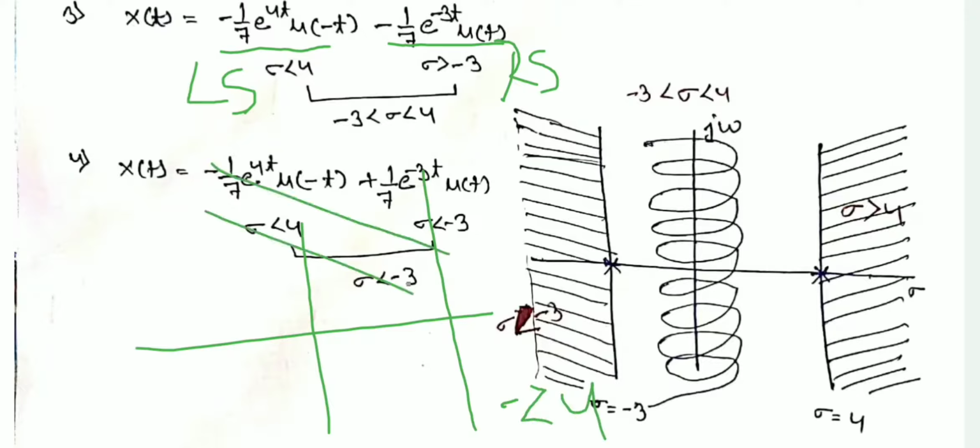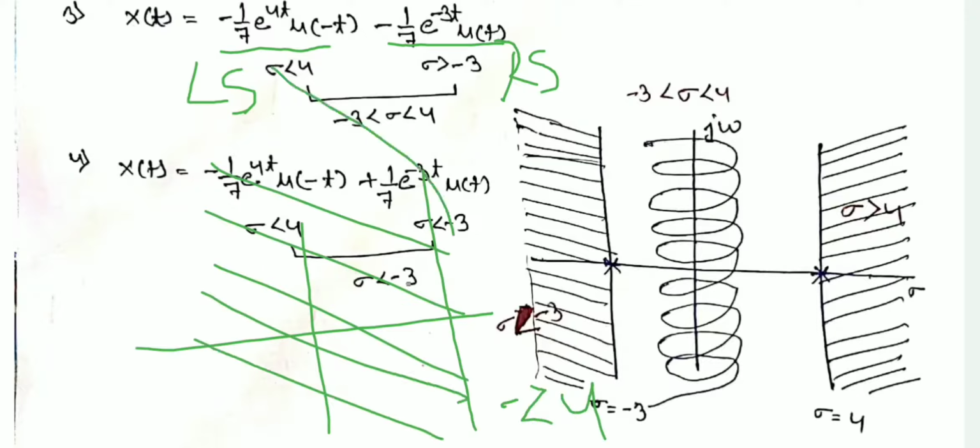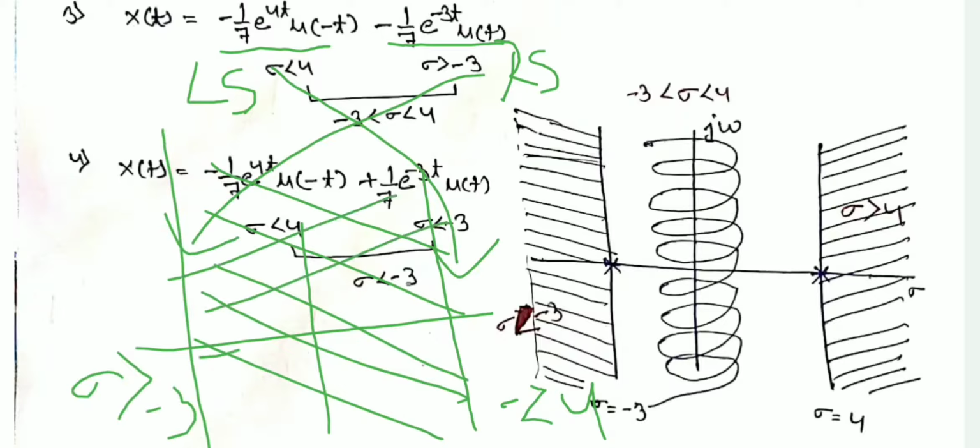It means this type of signal, and for this signal it represents sigma greater than minus 3, like this. Therefore, this common ROC is possible. Therefore, the Laplace transform is possible if sigma is in between minus 3 and 4.